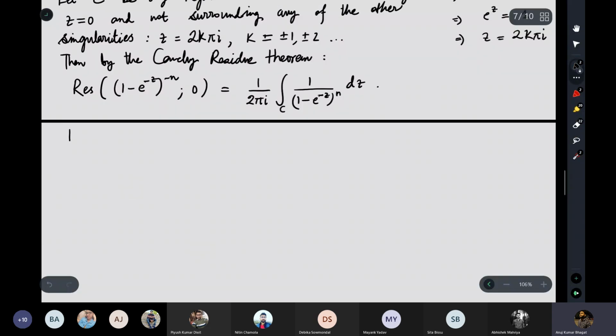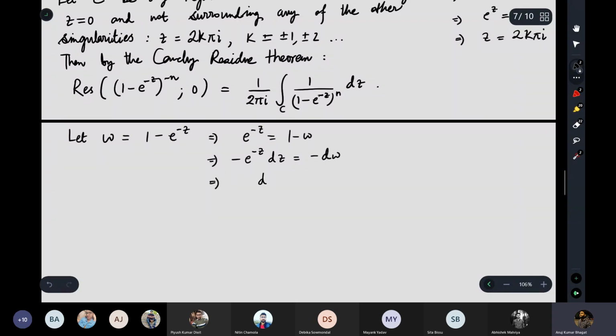Now let's evaluate this integral. Let omega equal to 1 minus e to the power minus z. So substitution basically. I am writing omega as 1 minus e to the power minus z. So from here e to the power minus z is 1 minus omega. Start differentiating. So e to the power minus z dz is nothing but d omega.